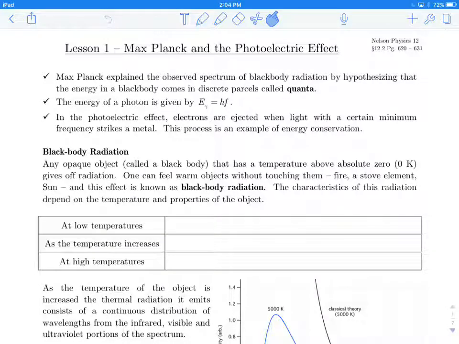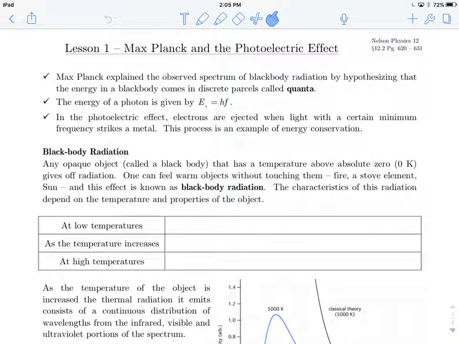Okay, so this is lesson 1 in our unit on quantum physics, and the first 2 lessons in this unit are all about some of the origins of quantum and some of the really important discoveries.